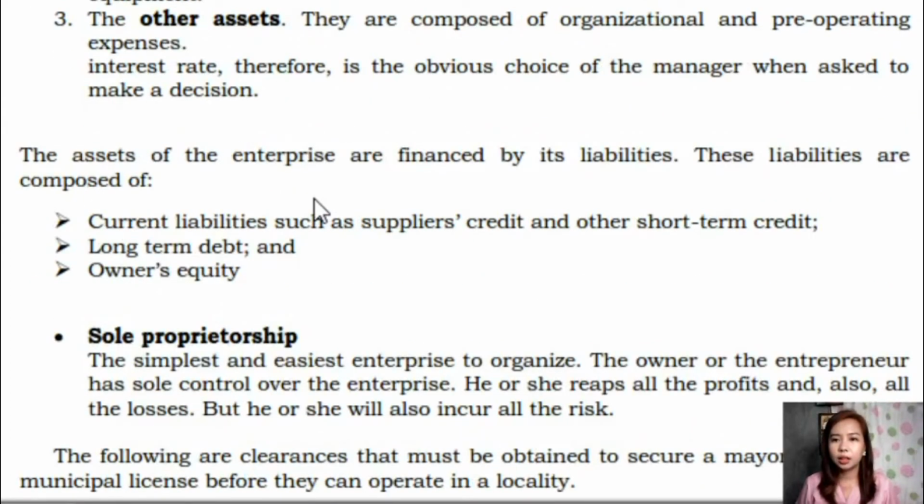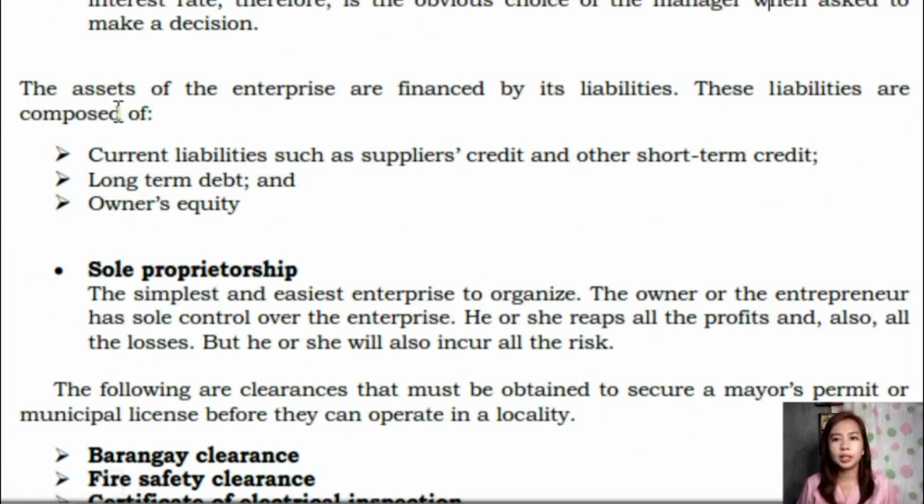Next, ayan, the assets of the enterprise are financed by its liabilities. So, meron naman tayong current liabilities. Ayan, ito yung mga example niya, supplier's credit. Ito naman, kabaliktaran nung accounts receivable. So, kayo naman ngayon yung kukuha ng products sa supplier ninyo, but hindi kayo parang kakaliwaan ng bayad.